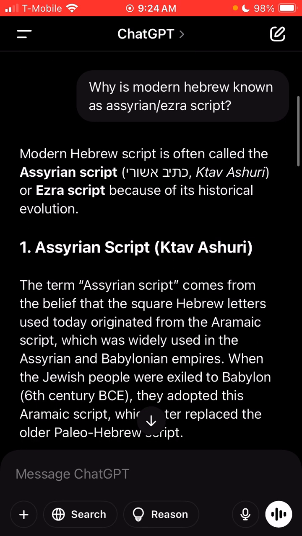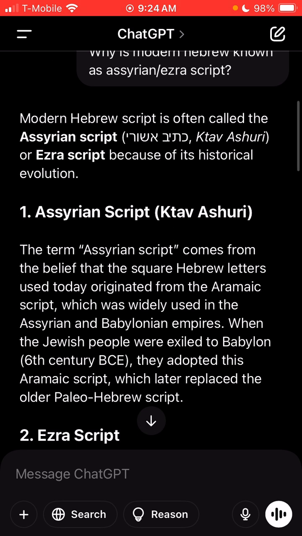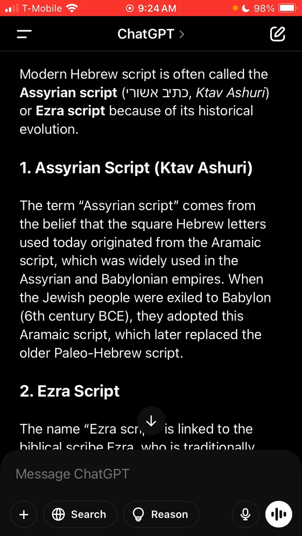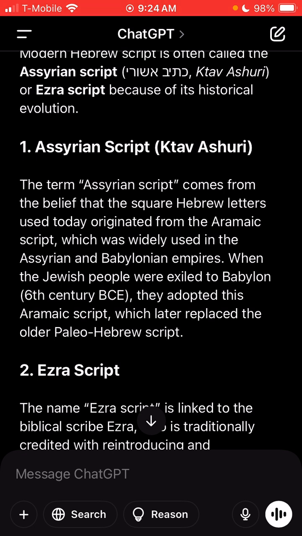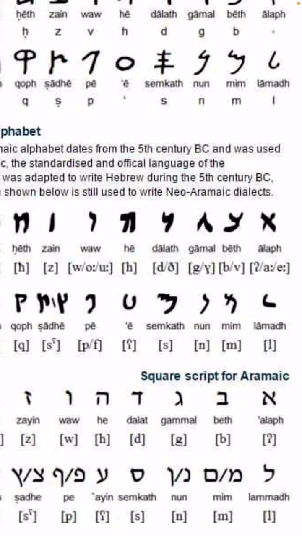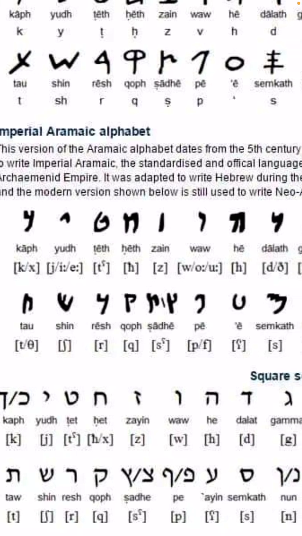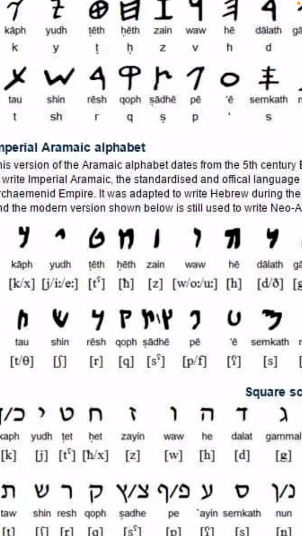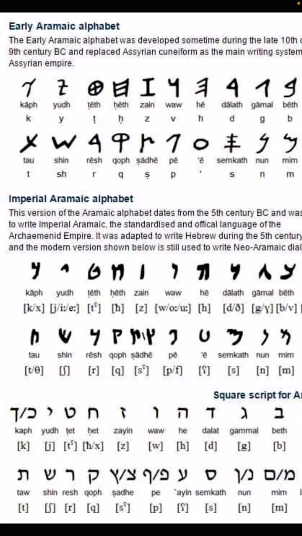This modern Hebrew script is often called the Assyrian script, Katav Ashuri, or Ezra script because of its historical evolution. The term Assyrian script comes from the belief that the square Hebrew letters used today originated from the Aramaic script, which was widely used in the Assyrian and Babylonian empires. So it's talking about this middle one right here. Let me read the details on it. It says the Imperial Aramaic alphabet.